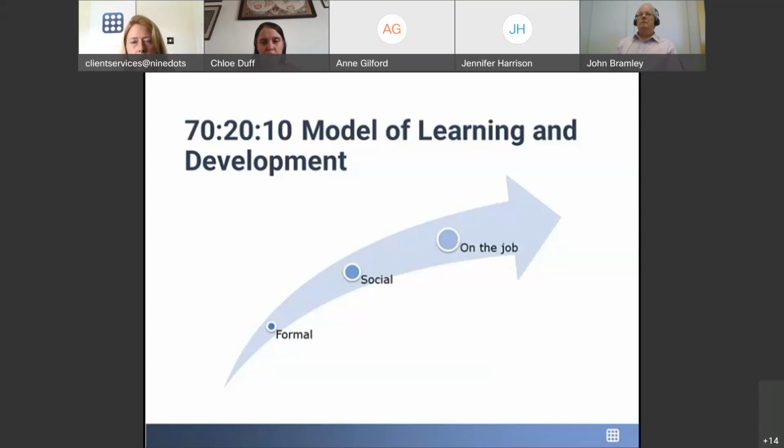You're learning by doing and reflecting on that action. You're getting feedback, you're reading, your stretch assignments, shadowing, solving problems, special projects, TED Talks, podcasts, all these different things while you're actually on the job. That is the biggest part now, is 70% is on-the-job learning.